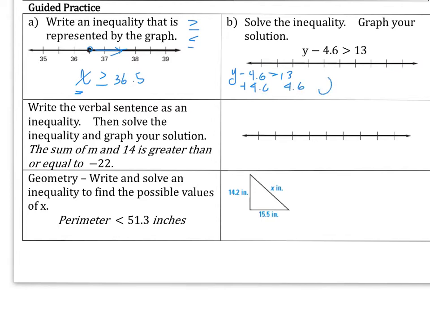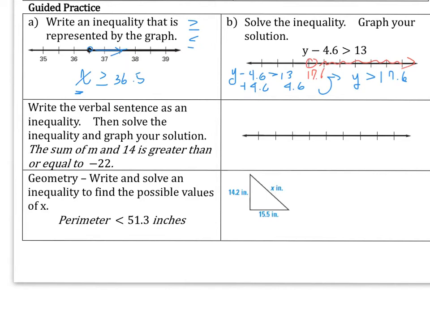So then y will end up to be greater than or equal to 17.6. So you can go ahead and just choose a random point and write 17.6, and since it's a greater than sign, point the arrow towards the right.